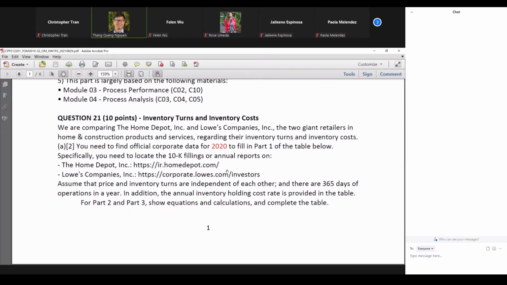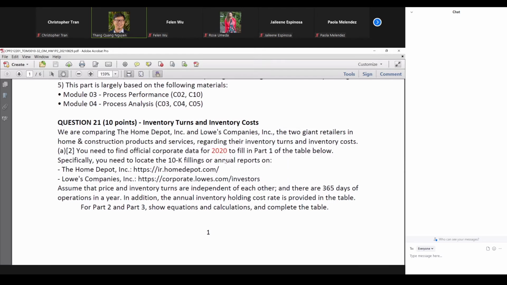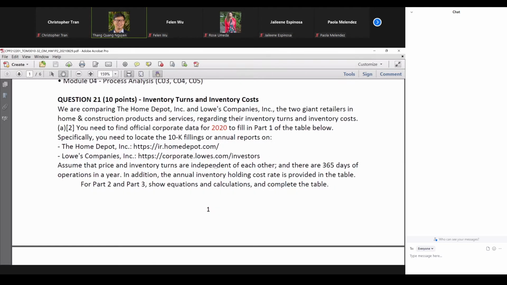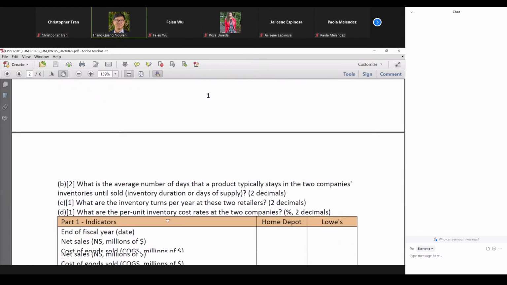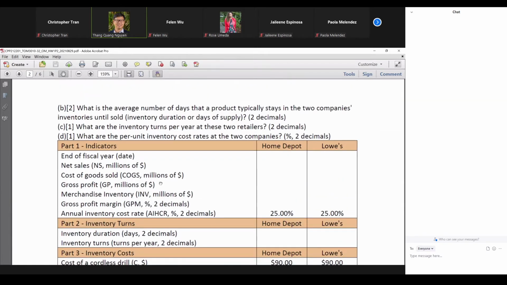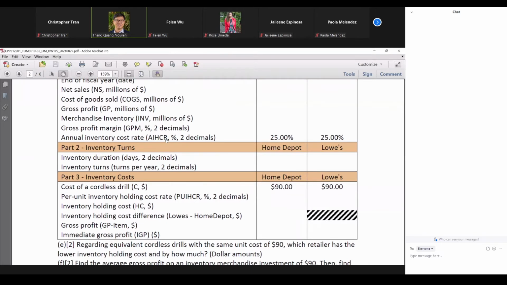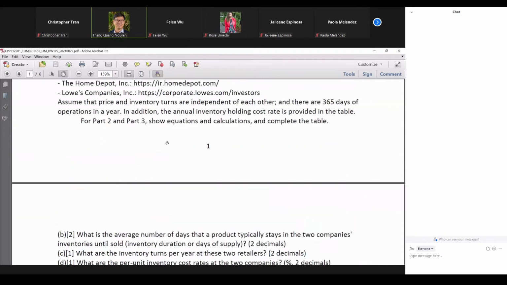So you would go here to find the data, right? And then you would go through this table right here, do all of the calculation. Rest assured that is very similar to what we worked on with the Walmart example, right? So question 21 should be within your reach, easy reach, I would say.